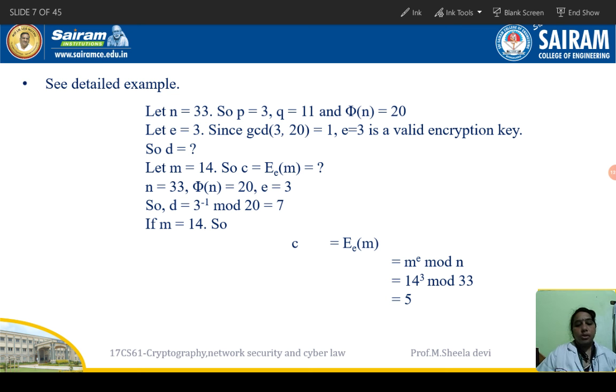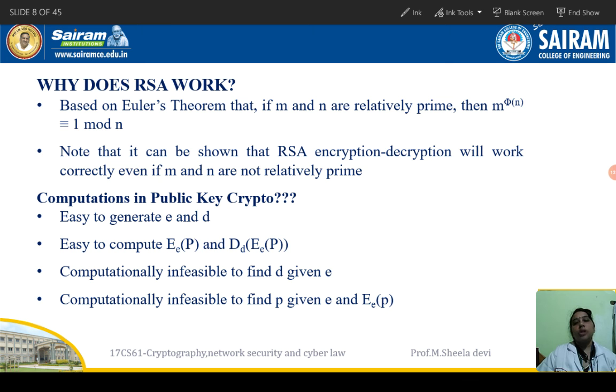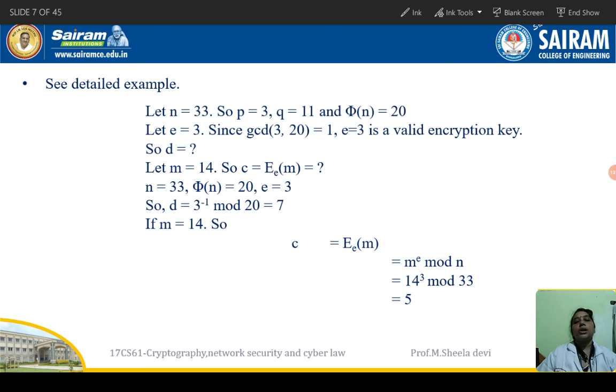This will be the cipher text, which will be communicated to the receiver. Then for decryption, he will take this 5 power the private key of the receiver, that is the value of d, which is 7. So 5 power 7 mod 33, and he will get the message as 14.